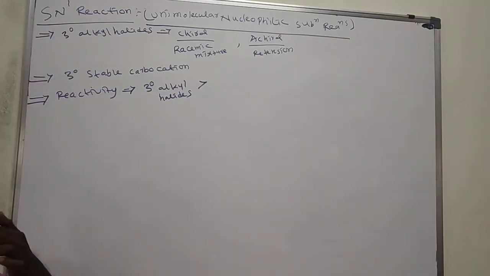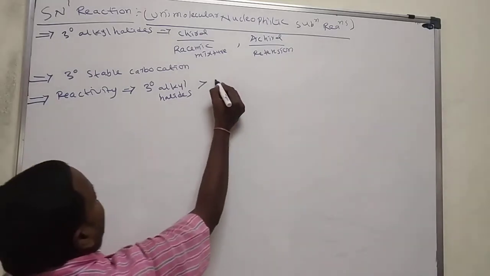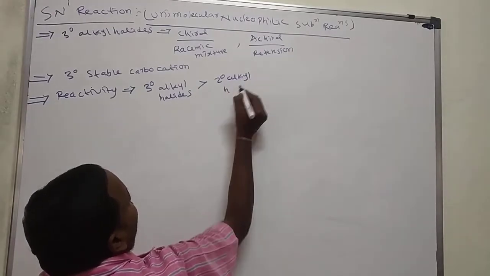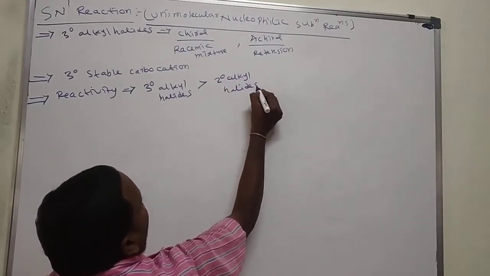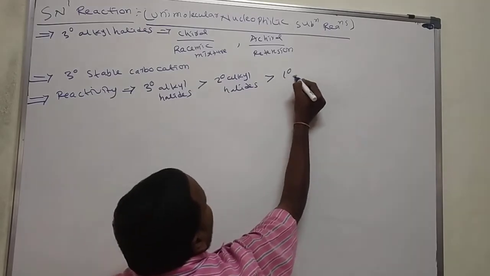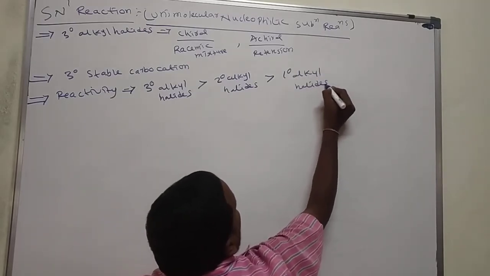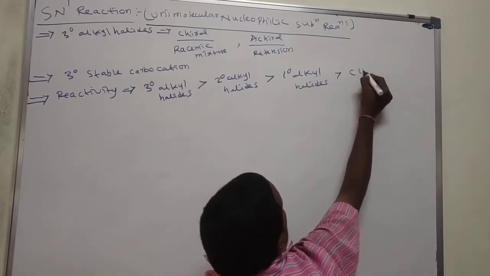That's why tertiary carbocation is more stable, so tertiary alkyl halides are more reactive towards the SN1 reaction. Next, secondary alkyl halides, then primary alkyl halides, and finally methyl chloride.